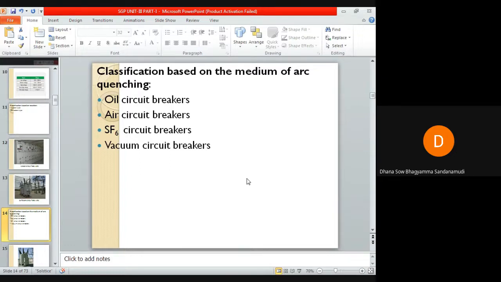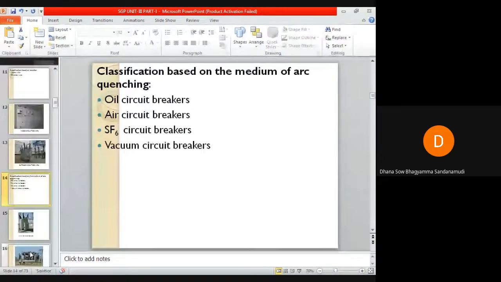We have already discussed the circuit breaker contacts. Circuit breaker contacts are always placed in an arc extinguishing medium. The arc extinguishing medium can be oil, air, SF6 or vacuum. Let us see some images here.